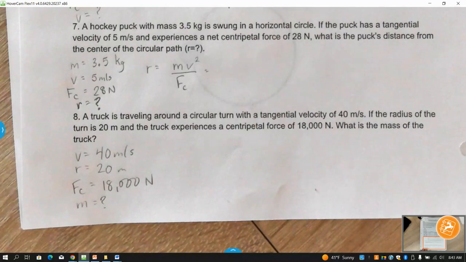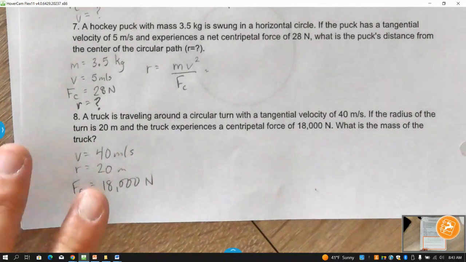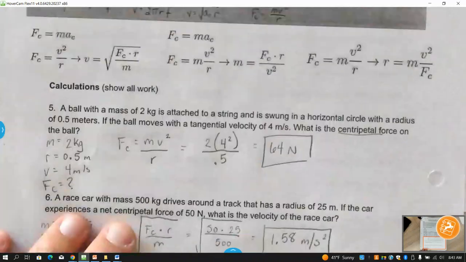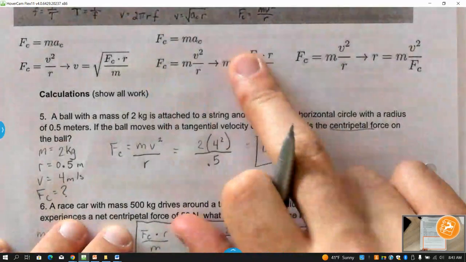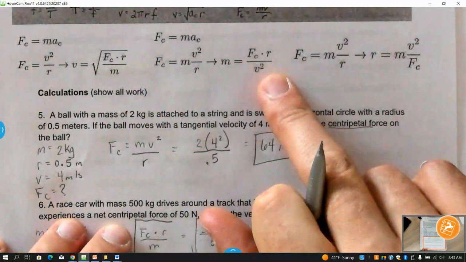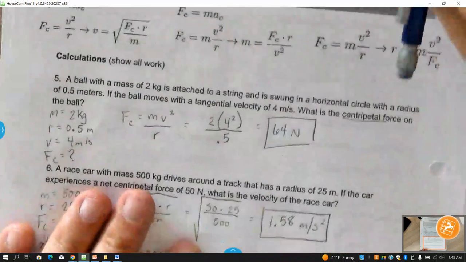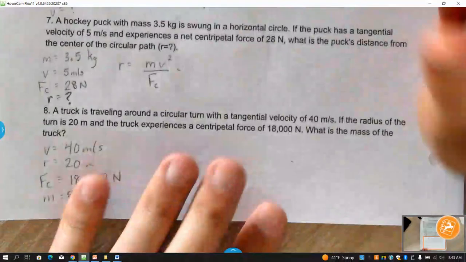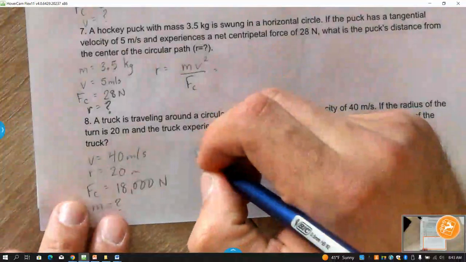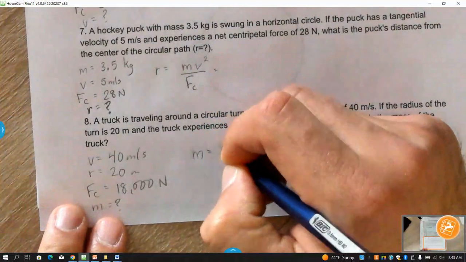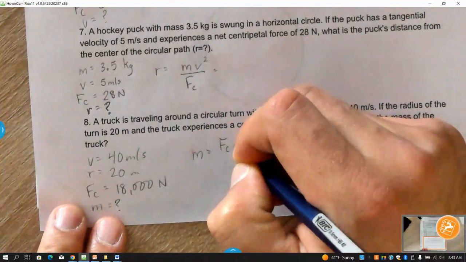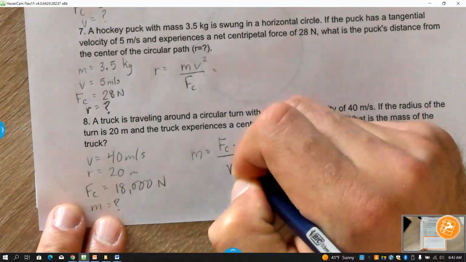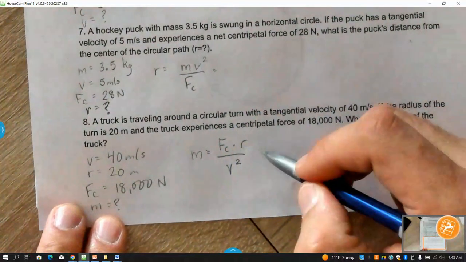So in order to do this one, we have an equation at the top. This can be rearranged for mass as centripetal force times radius divided by v squared. So m will equal centripetal force times radius over v squared.